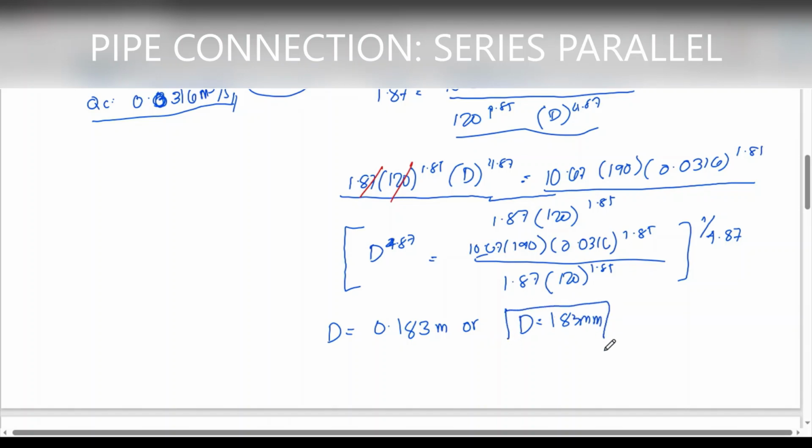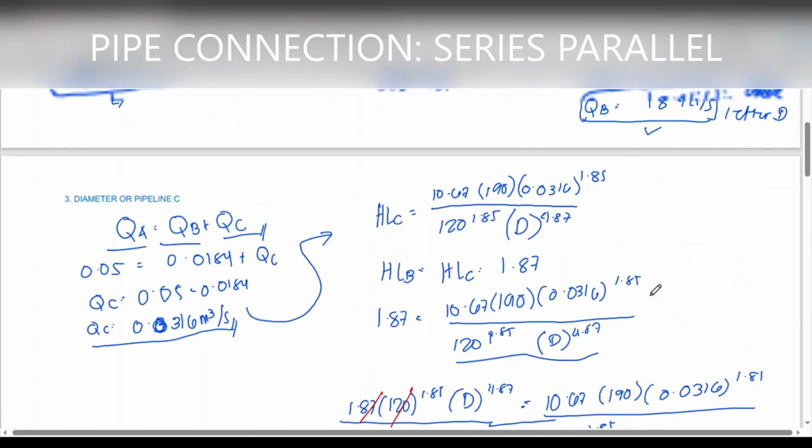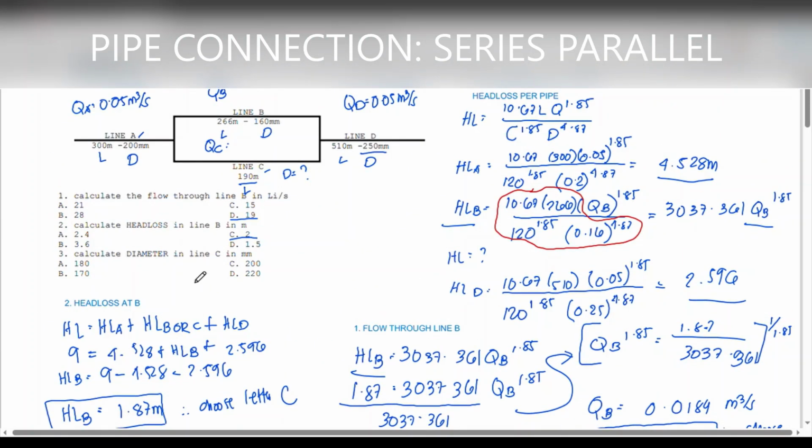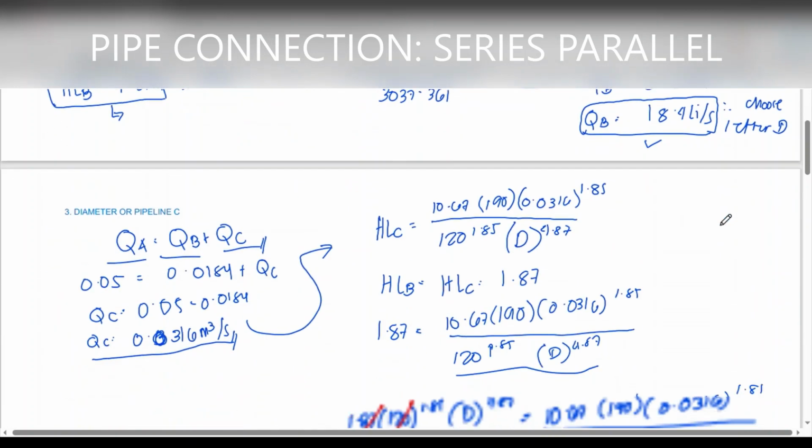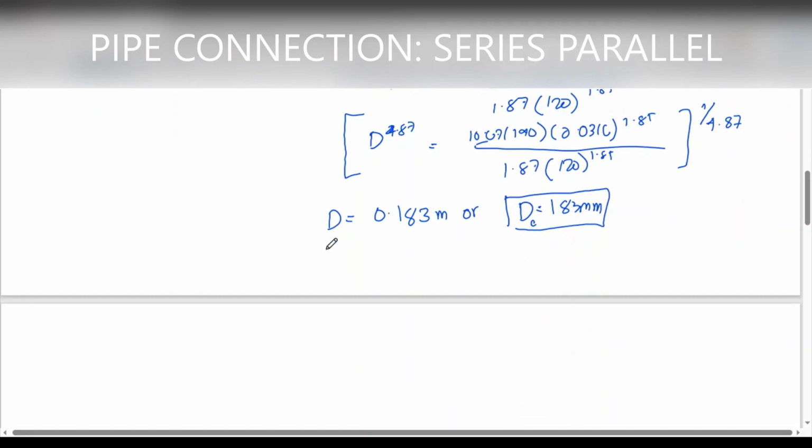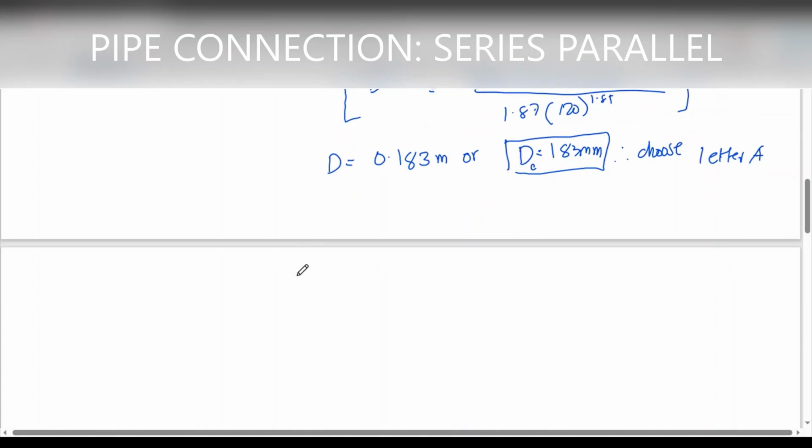So this is our final answer. This is the diameter at C. From the choices we have, the closest value is this one, letter A. So we have to choose A. So that will be all.